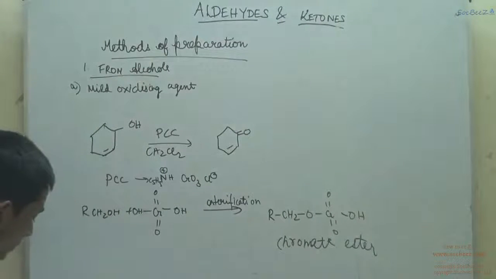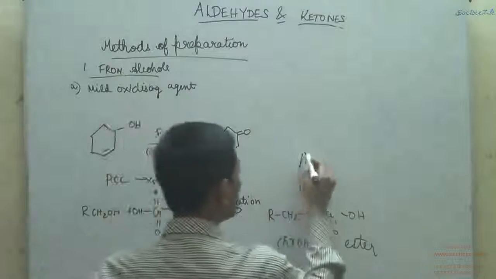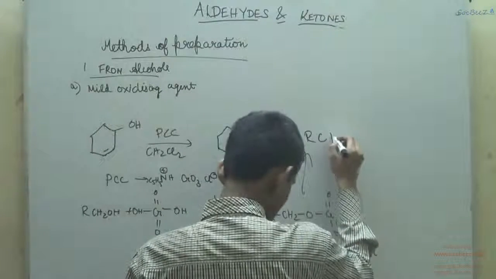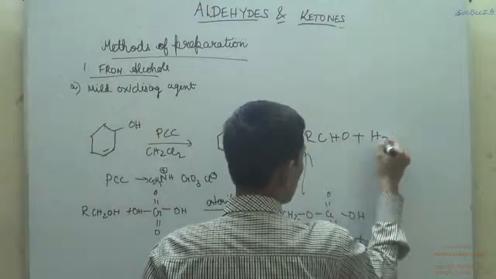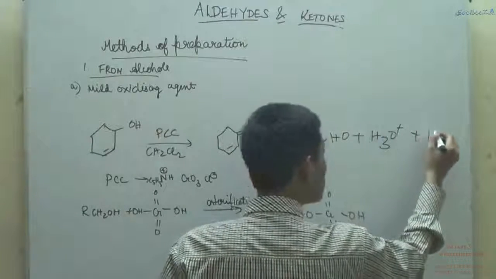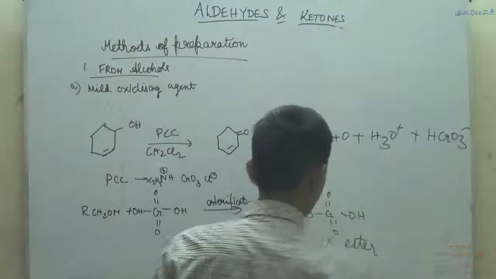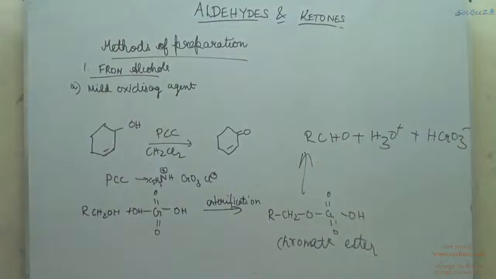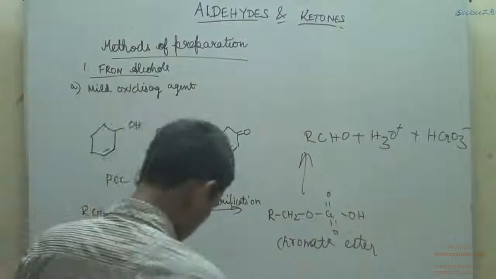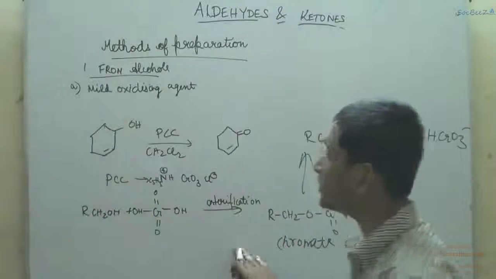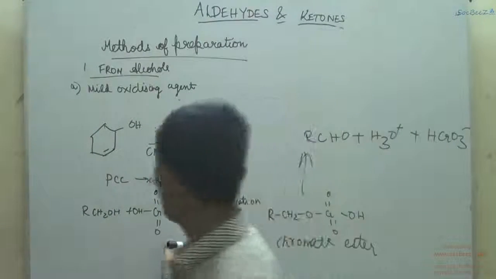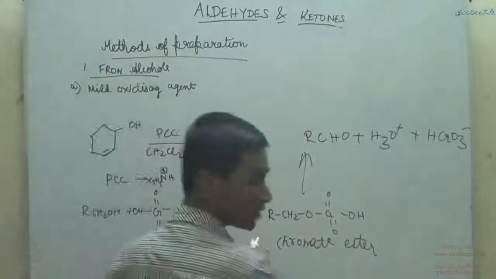Now this chromate ester disintegrates to give rise to RCHO plus loss of a proton plus you have HCrO3-. So basically what is formed? The initial mechanism of this particular oxidation involves formation of the chromate ester.